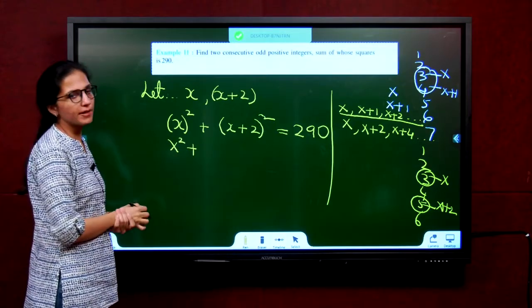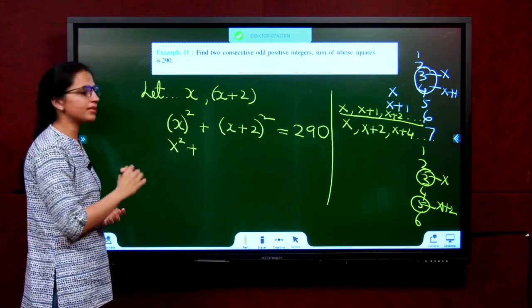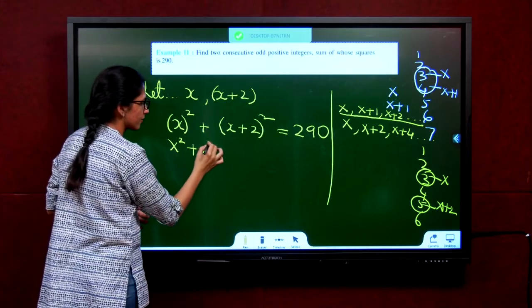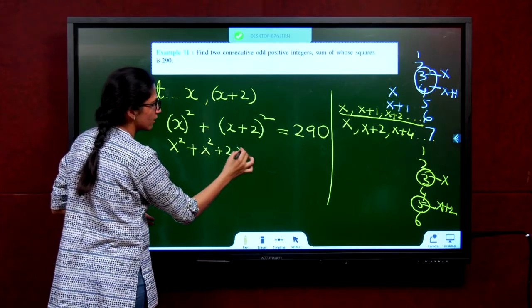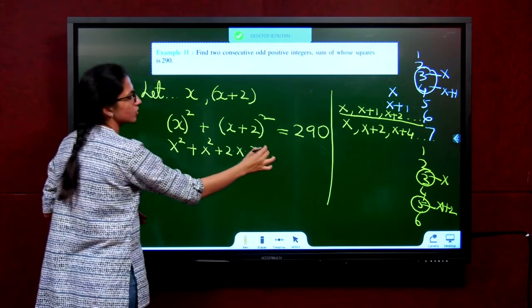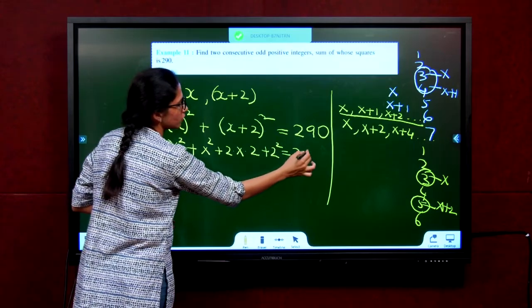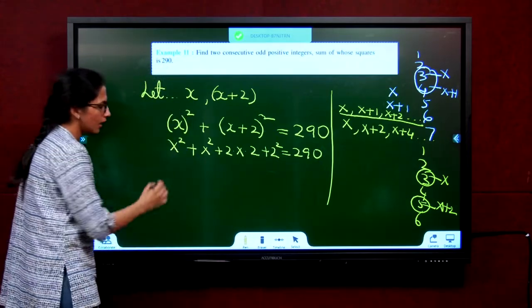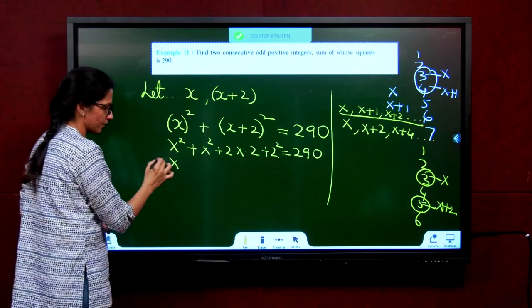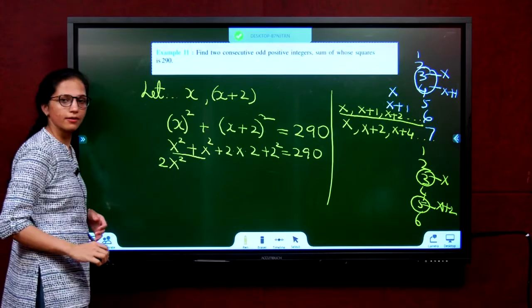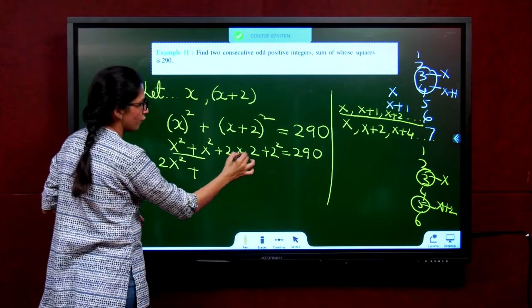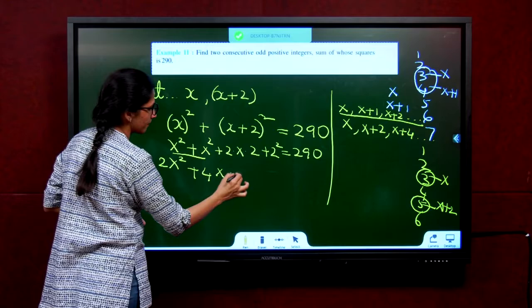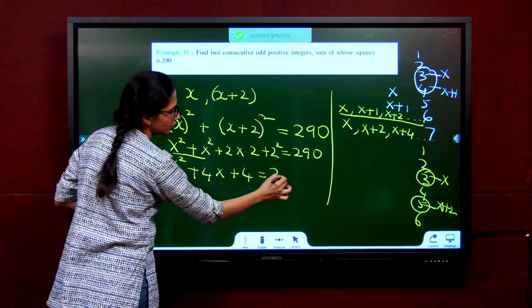You should know the formula by now. a plus b the whole square is a square plus 2ab plus b square. x square plus 2 into x into 2 plus 2 square is equal to 290. x square plus x square, 2x square. 2 2s are 4, 4 into x, 4x plus 4 is equal to 290.